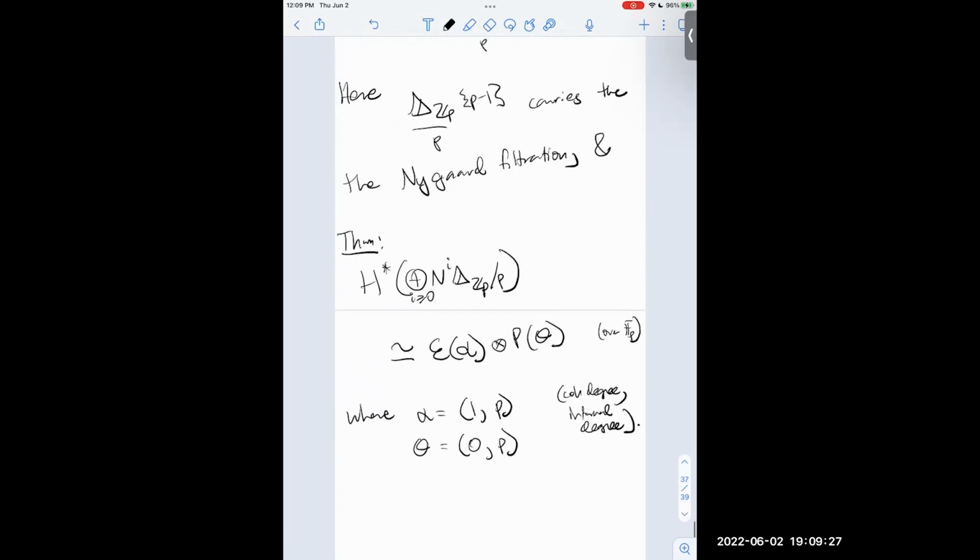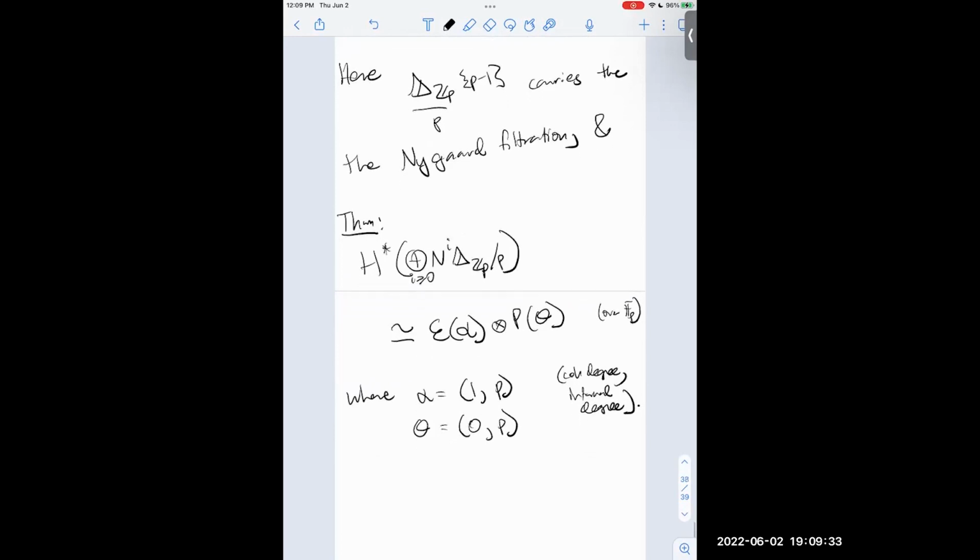Okay, so this is a description, up to graded pieces, of the prismatic homology of Zp mod p. This fact is maybe not so easy to see if you think about the site-theoretic definition of the prismatic complexes via quasi-syntomic descent. But this fact is explained in the Bhatt-Morrow article.